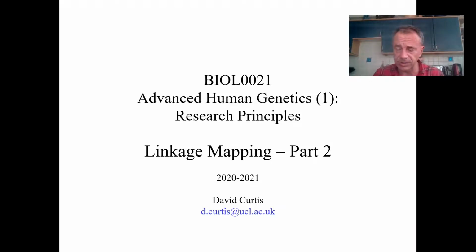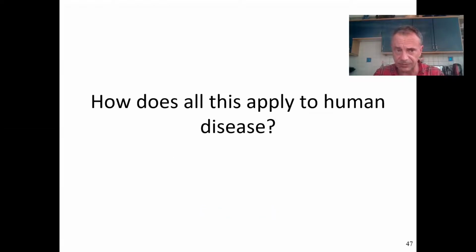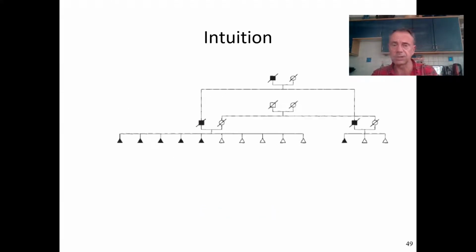And what we're going to do now is look at how we can apply that in practice for mapping human disease genes. And the kind of situation we might be in is where we have a pedigree where we have a number of affected children of this couple and this couple, and what this is showing is that both the fathers are first cousins and the mothers are also first cousins.